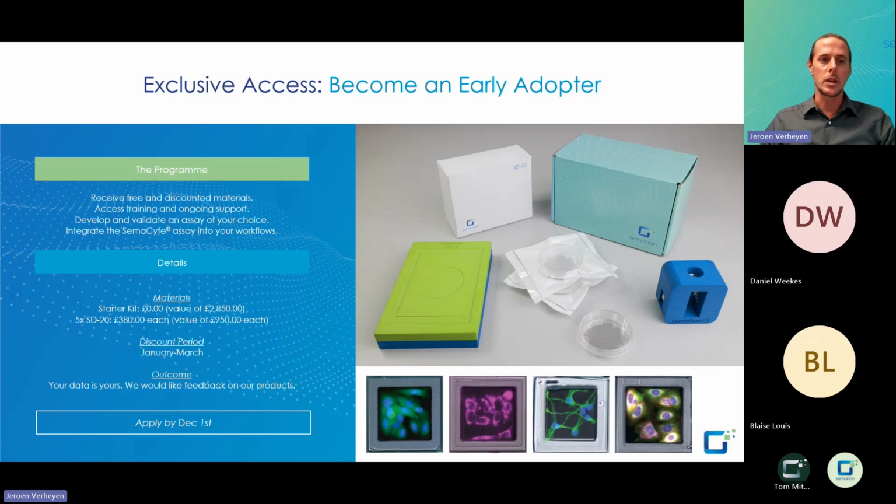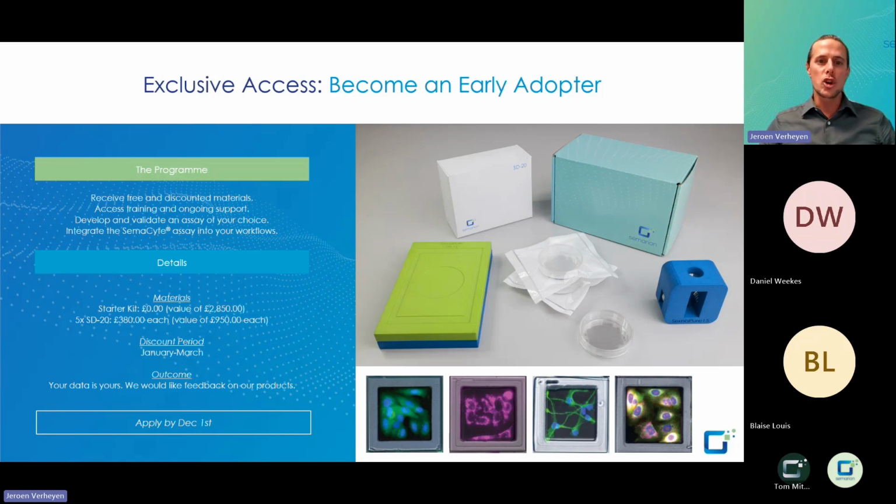If you're selected, we will come over to give training in terms of how to use the materials, and we'll also give ongoing support, which will give you the opportunity to validate an assay of choice and integrate that with your workflow specifically. If you're interested, either drop us a mail, happy to tackle any questions that you might have, or just go to our website and sign up for the program, and we'll send you more details.